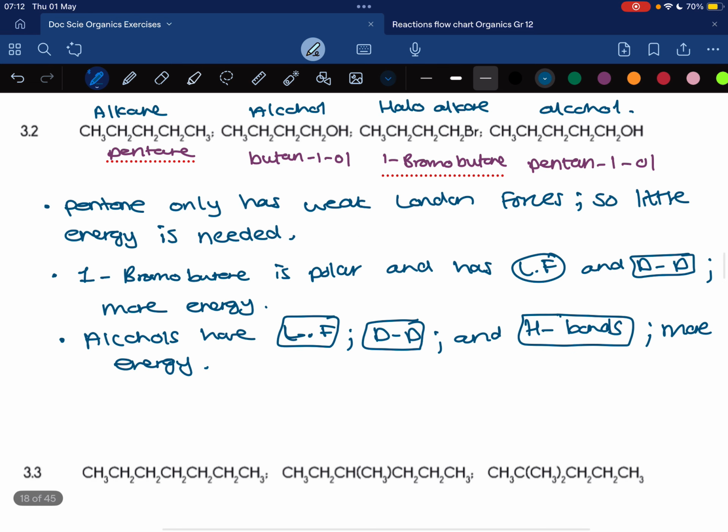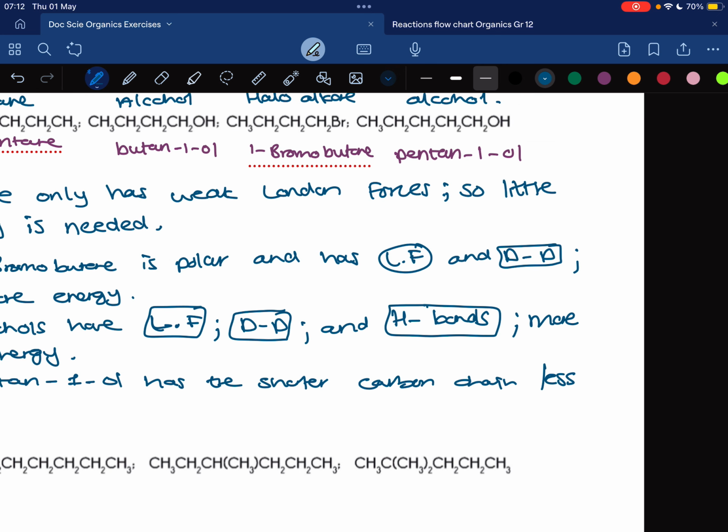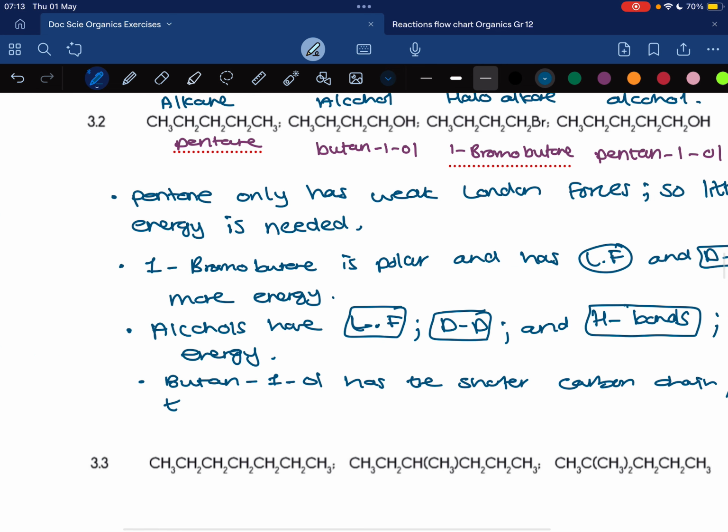There's butan-1-ol, pentan-1-ol. So butan-1-ol has the shorter carbon chain, or you can say less surface area than pentan-1-ol.